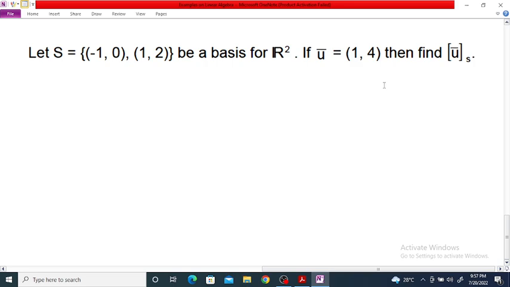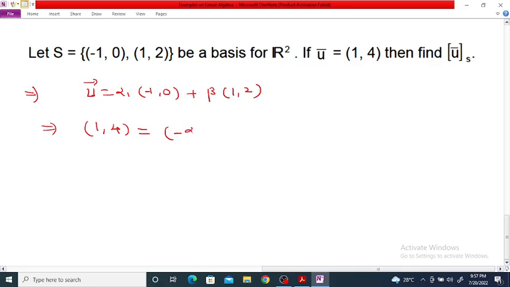If U bar is given as (1, 4), we write U bar equal to alpha times (minus 1, 0) plus beta times (1, 2). If we simplify, U bar is (1, 4), and this is equal to (minus alpha plus beta, 0 plus 2 beta), so the second entry is 2 beta.